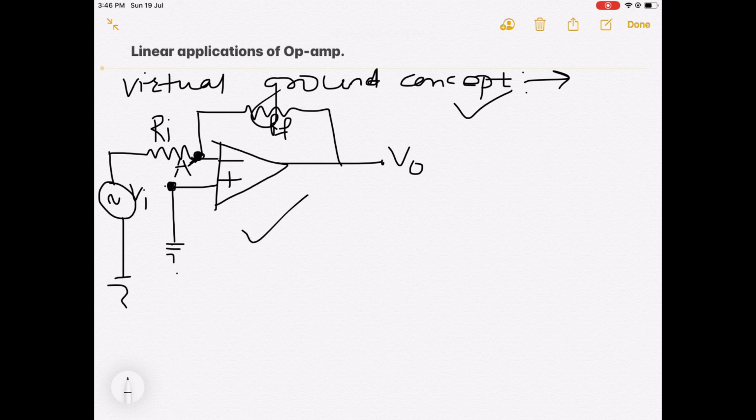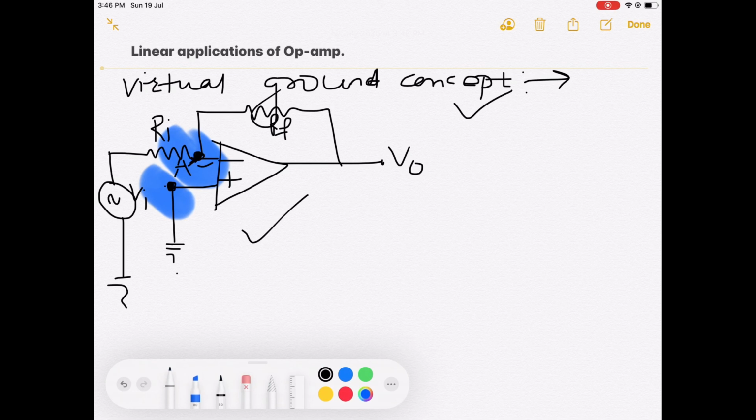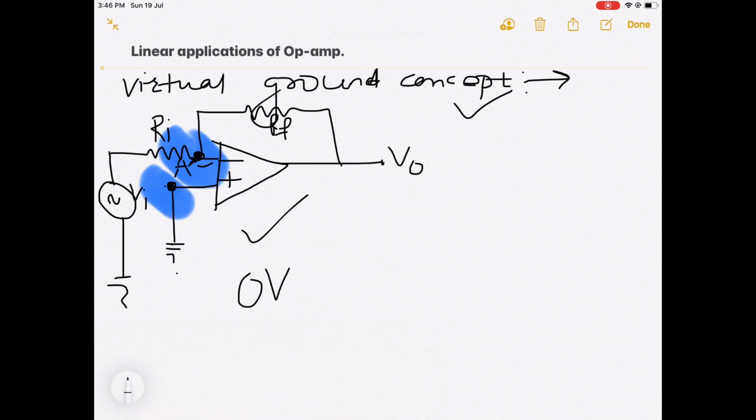This means that the inverting input of op-amp is also at ground potential. Like this, this is ground potential and this is also ground potential. So, virtual ground is a point that is at the fixed ground potential, suppose it is 0 volt, even if it is not practically connected to actual ground or common terminal of the circuit.